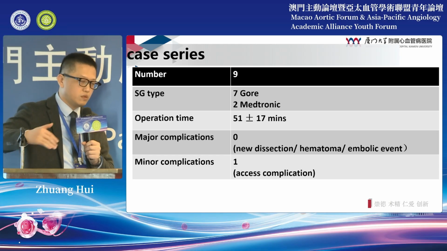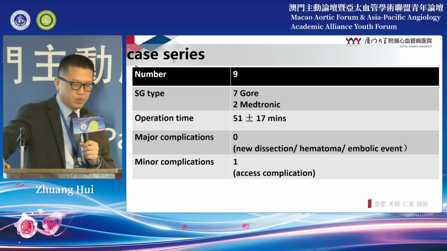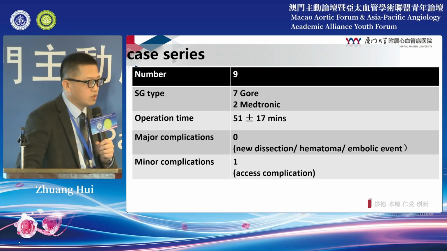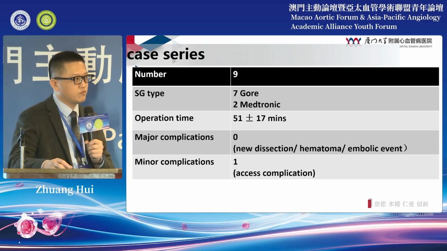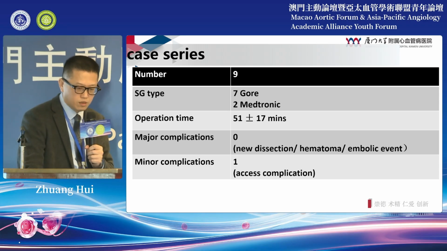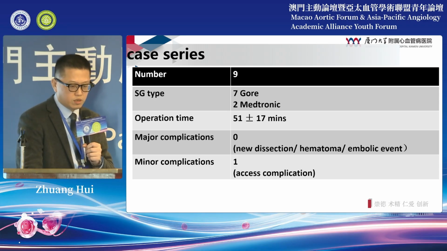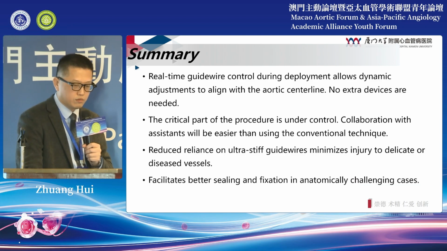So this technique maybe is not my first line technique, but we will also choose to use the Medtronic stent graft. I think this technique is suitable not just for one stent graft, but also for others. So the operative time was acceptable, and there were no major complications. So I think that was good.